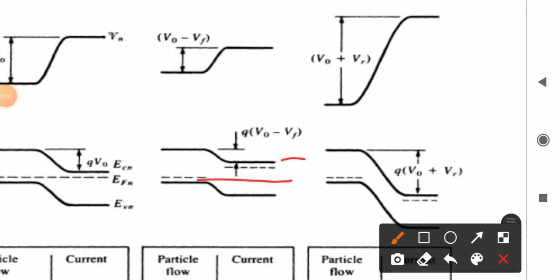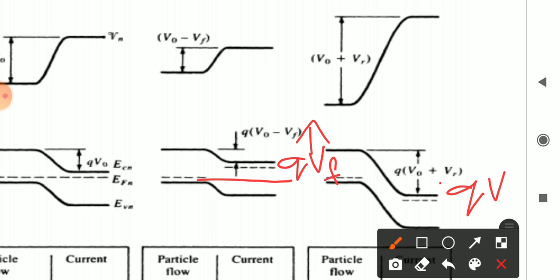Here Q times Vf, it will shift upwards. Here in a reverse bias, Q times VR, so it will be shifted below. Getting my point? The only difference is in the Fermi level of N region. Rest of all remains same.